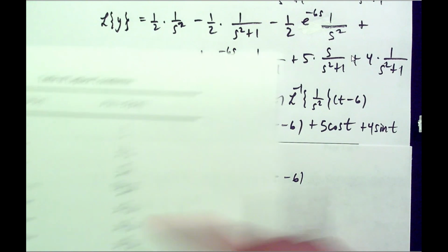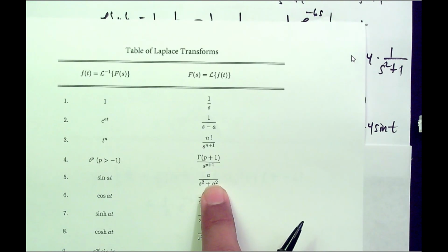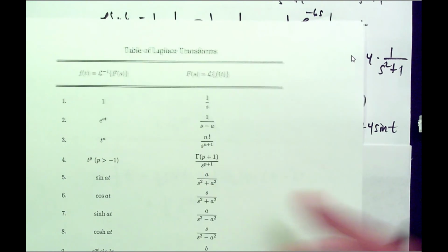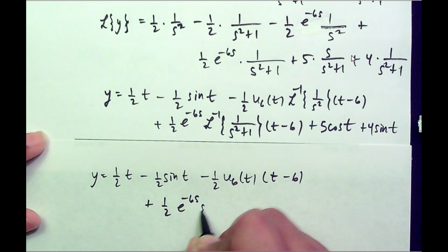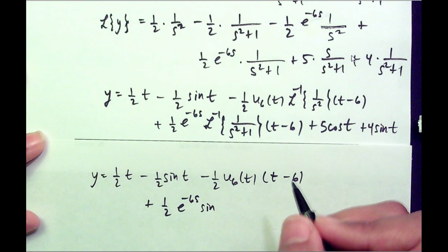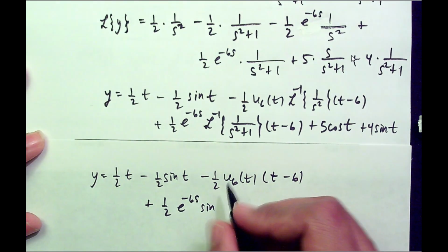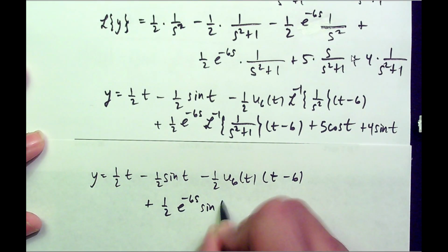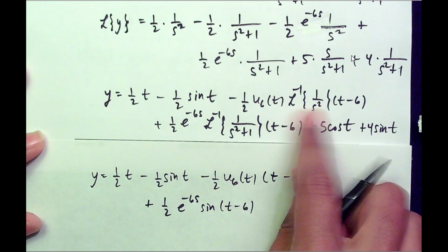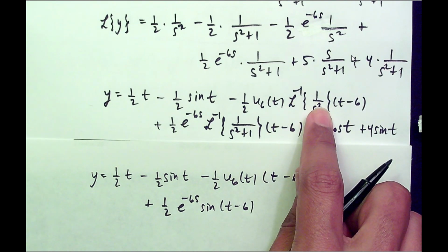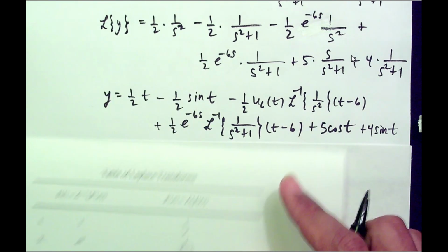Sine. What is that one with a equals 1? It is sine, but not evaluated at t, evaluated at t minus 6. The sine of t minus 6, this one. Let me see, am I looking at the right one?